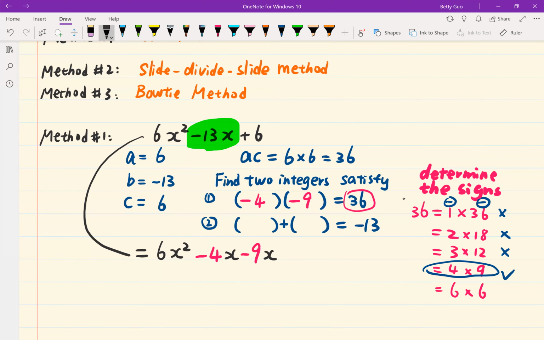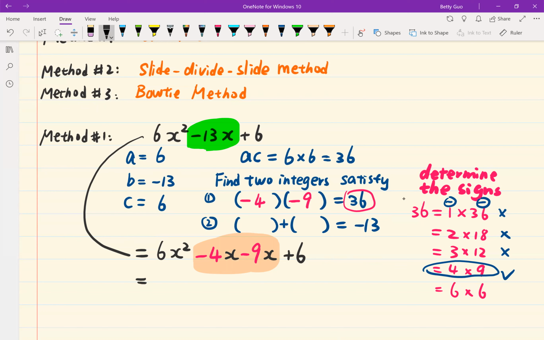Copy the constant term 6. So let me say it again. How do we use the two numbers we just found, -4 and -9? In AC method, we use the two numbers to rewrite the middle term. The middle term is -13x. We're going to write that term as -4x plus -9x. They are the same anyway, right?